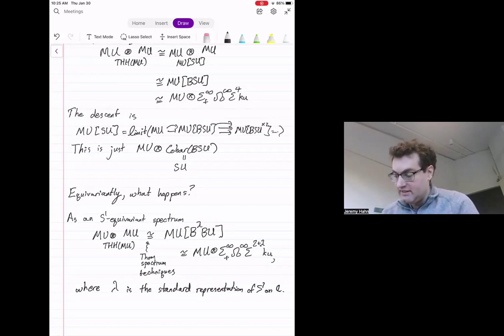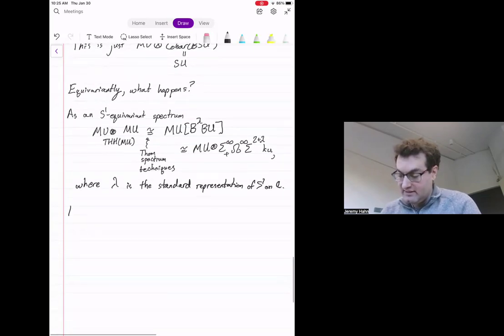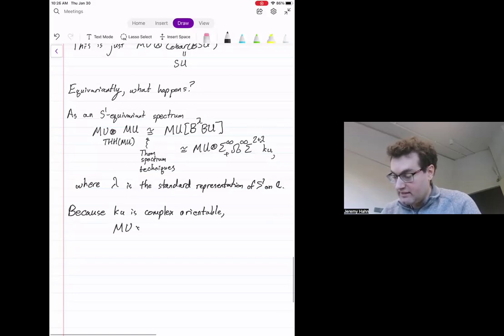So because ku is complex-orientable, mu tensor sigma infinity plus loops infinity sigma 2 plus lambda ku is the same as if I just put a 4 here, even equivariantly.